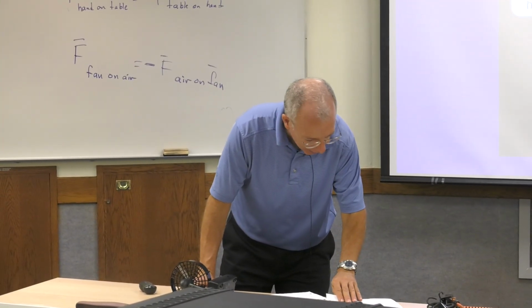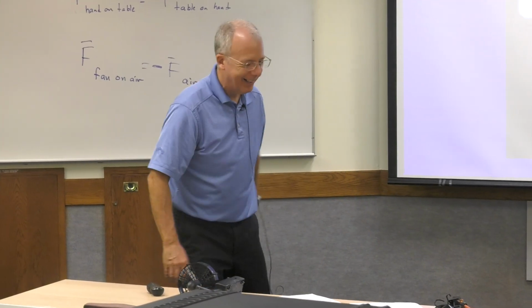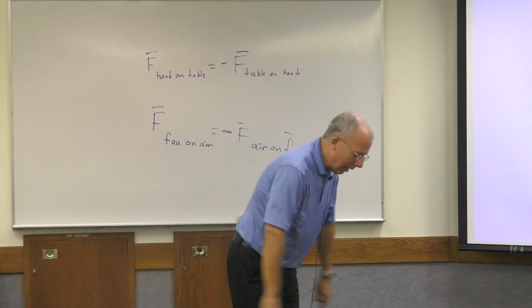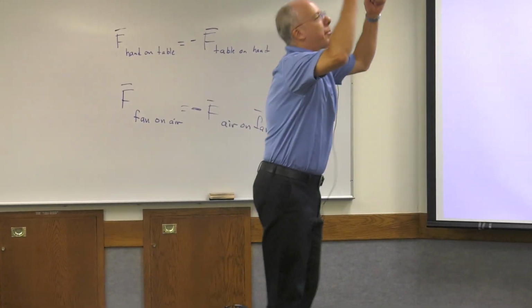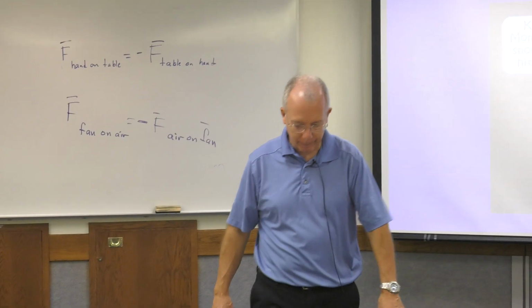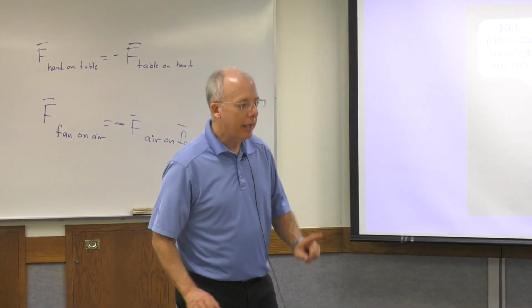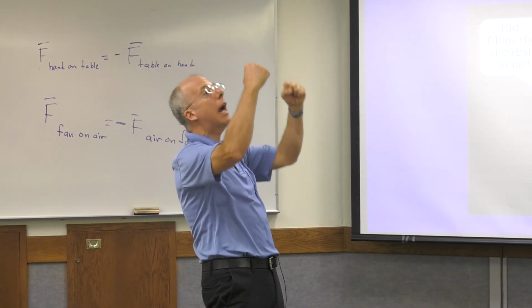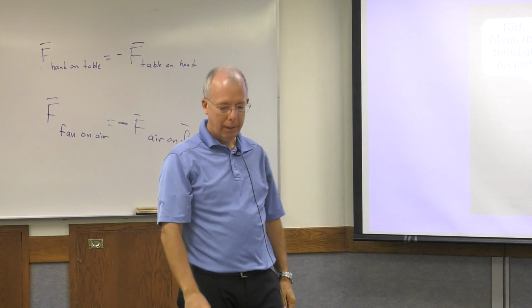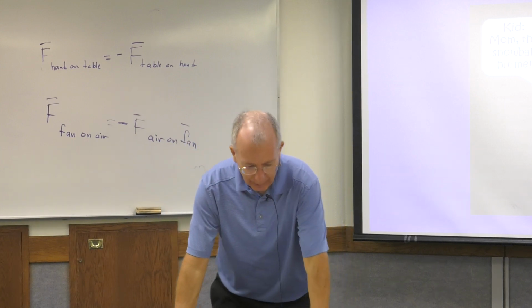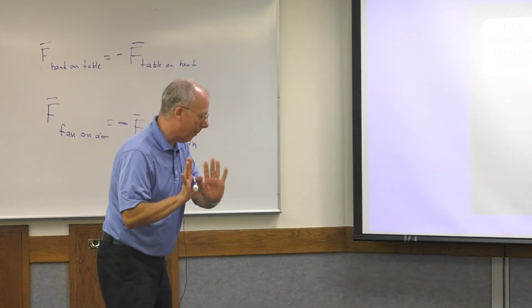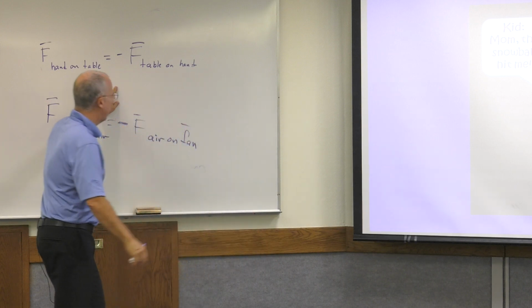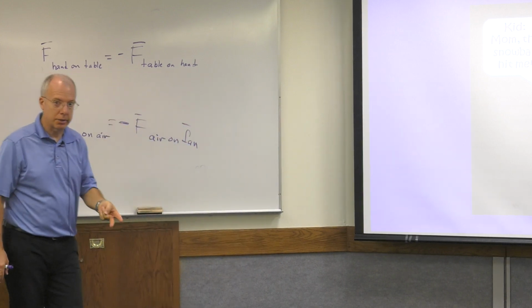let's do another one. Me. I jump up, right? Now, when I jump up, the Earth pulls down on me, correct? Now, by the way, sorry, let me stop. What we're seeing is that forces always come in pairs.